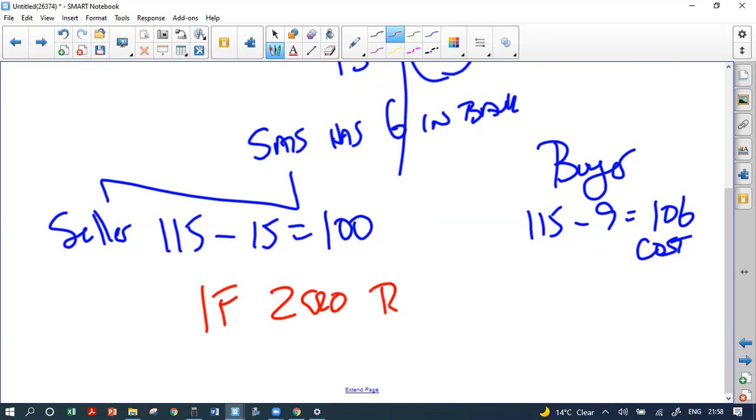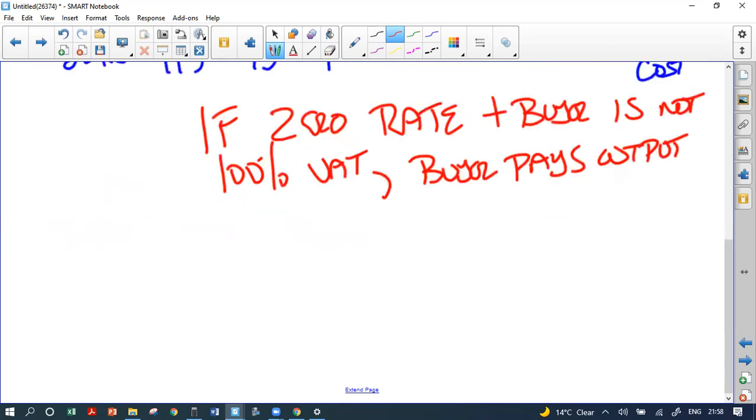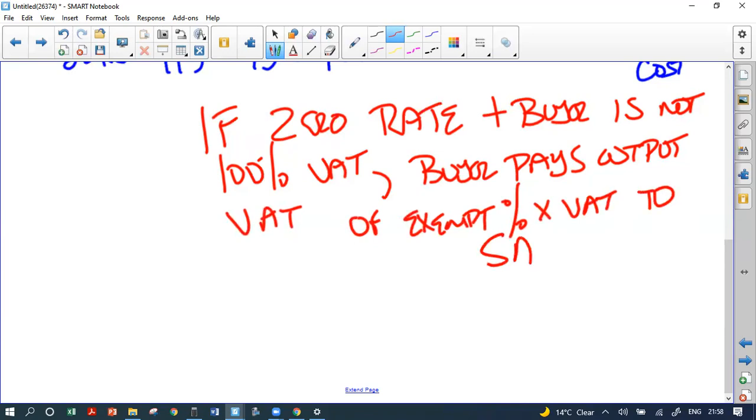So here's the rule. If we zero rate and the buyer is not 100% VATable, the buyer pays output VAT of exempt percentage times VAT to SARS.